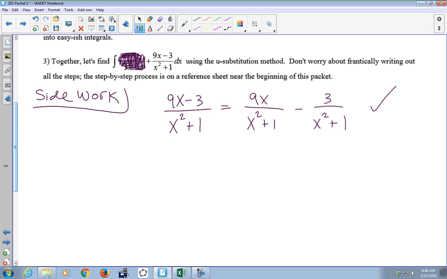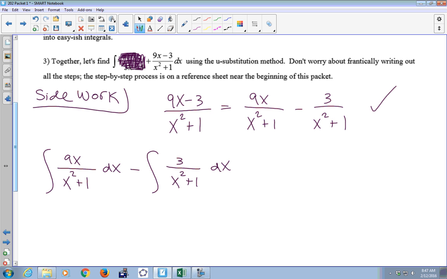So that means I can break my integral into two integrals. This is going to become the integral of 9x over (x squared plus 1) dx minus the integral of 3 over (x squared plus 1) dx. Okay, so that was one of our rules about integrals.